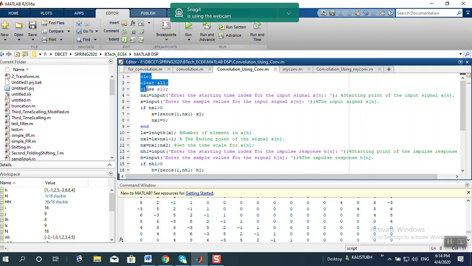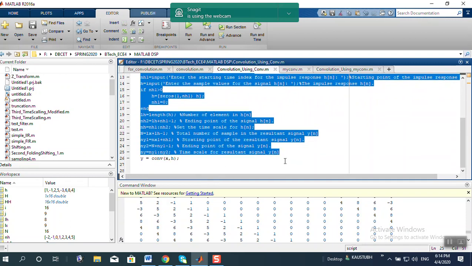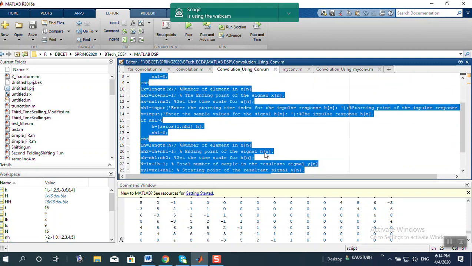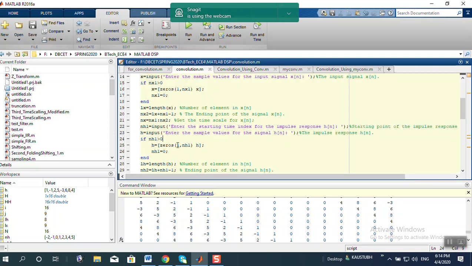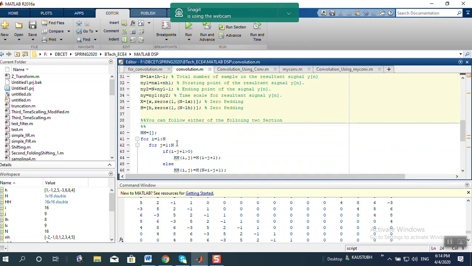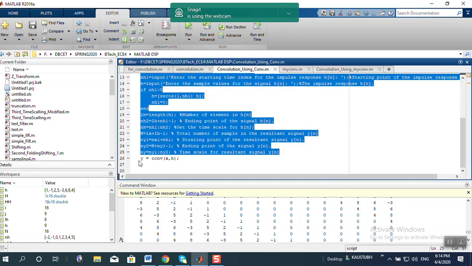So the same code again, up till this is same, as already explained in the previous two programs. Only thing is, this process of convolution is being replaced by simply conv.